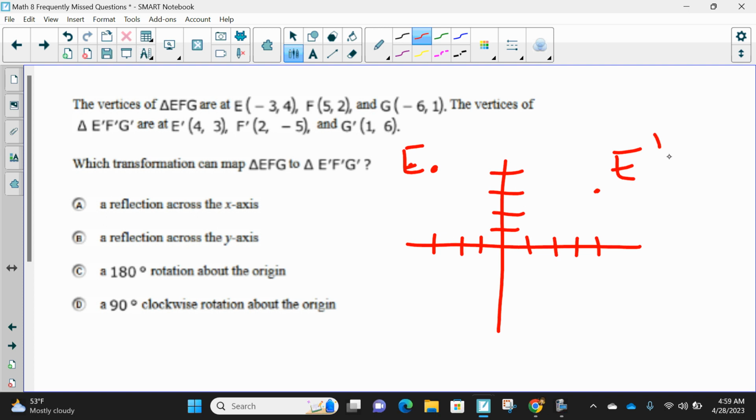So it's not a reflection, because if it were a reflection over the x-axis, it would be down here. It's not over the y-axis, because it would be right over there. A 180-degree rotation would put it down here. So it's a 90-degree clockwise rotation.